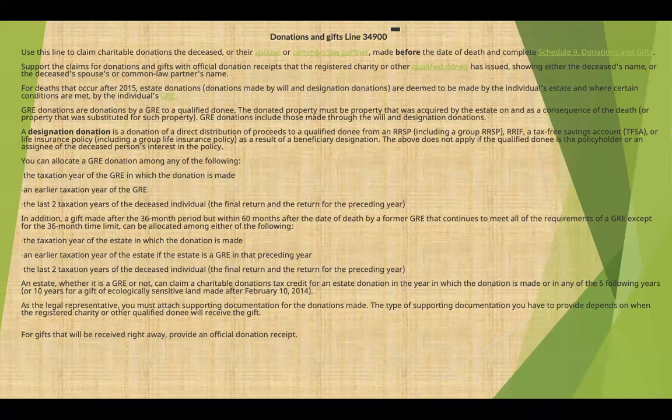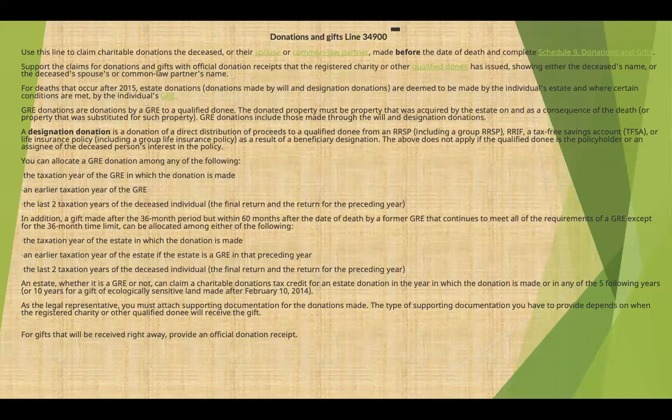In addition, a gift made after the 36-month period but within 60 months after the date of death by a former GRE that continues to meet all of the requirements of the GRE except for the 36 months can be allocated to the taxation year of the deceased in which the donation is made, an earlier taxation year of the deceased, and the last 2 taxation years of the deceased individual.